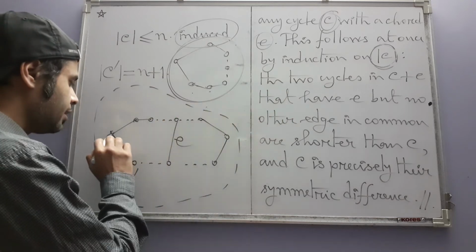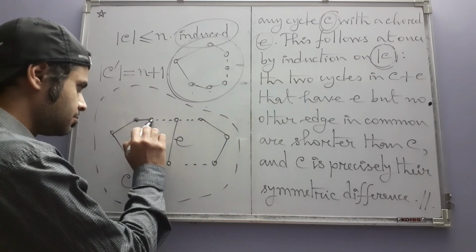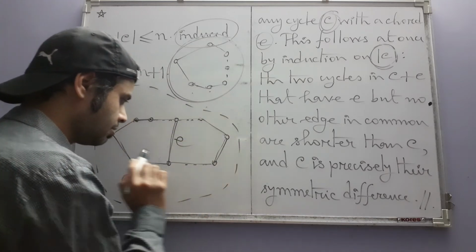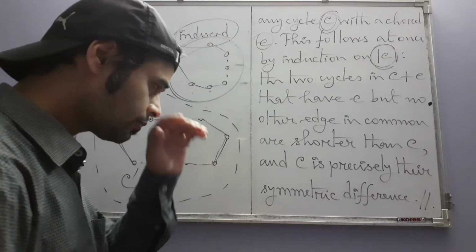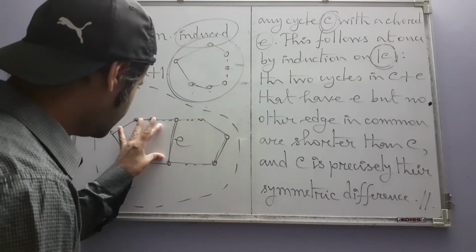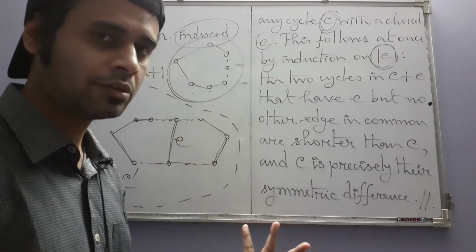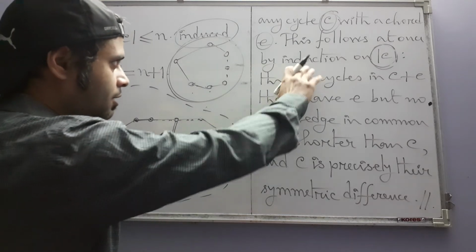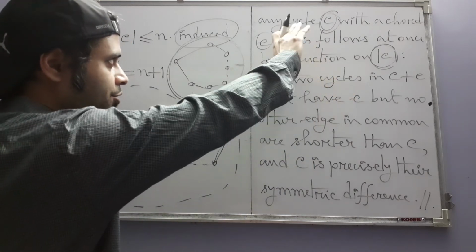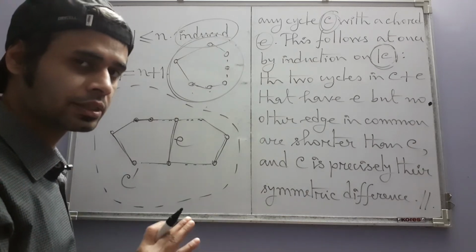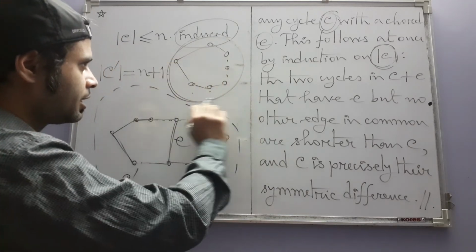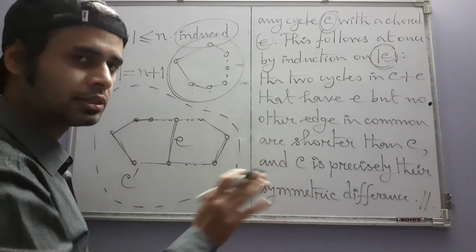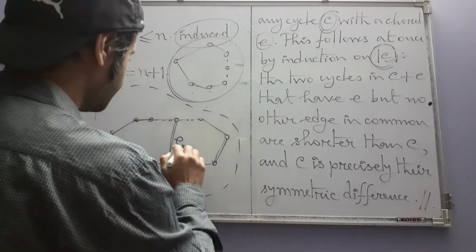Now we can see there are two cycles here. This is one cycle, and on that side we have this other cycle. Keep in mind that these smaller cycles themselves may also have chord. We don't care. We are running the induction only on the size of the cycle, and we are not discriminating between the two types of cycles.